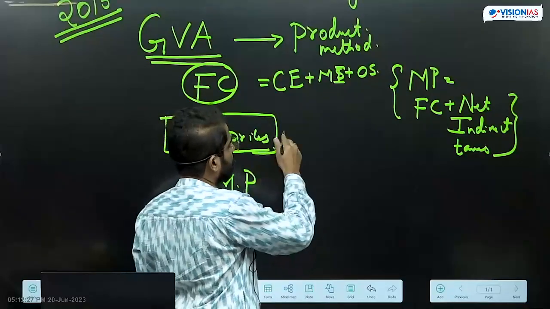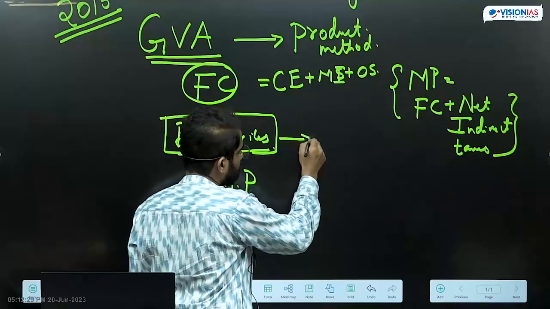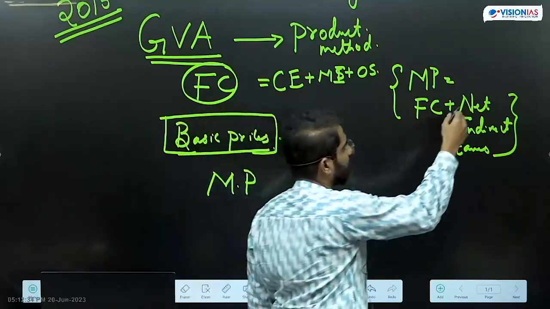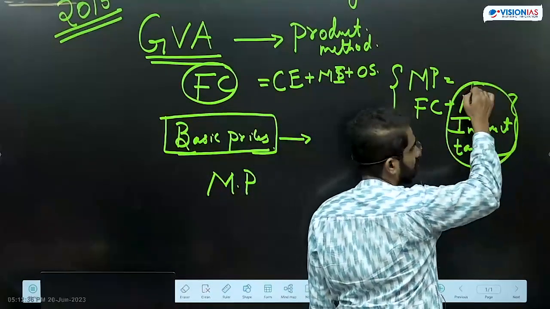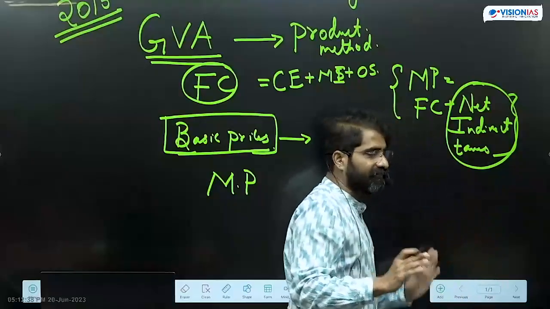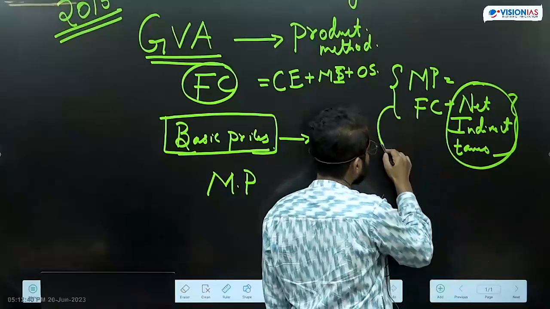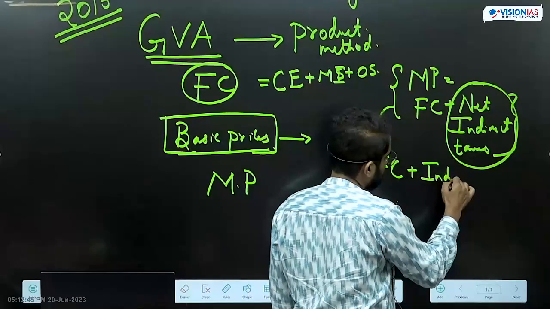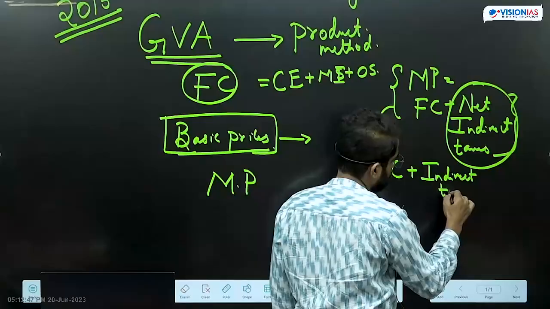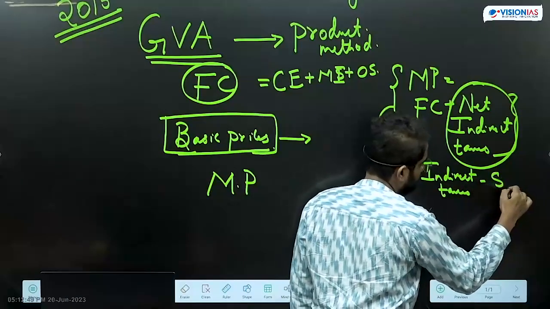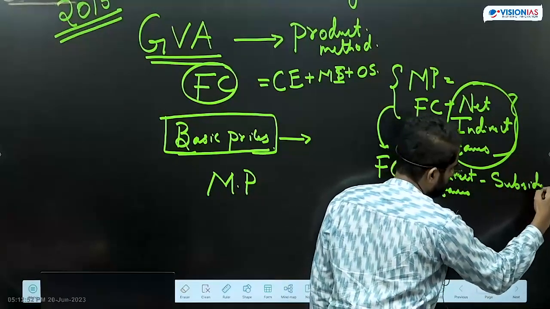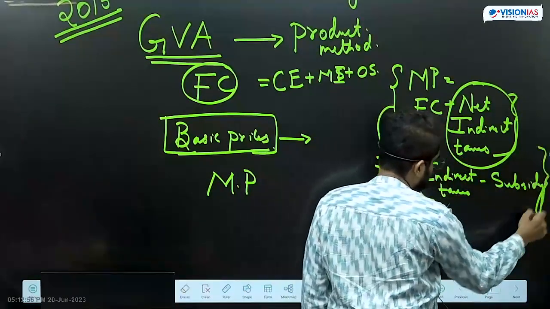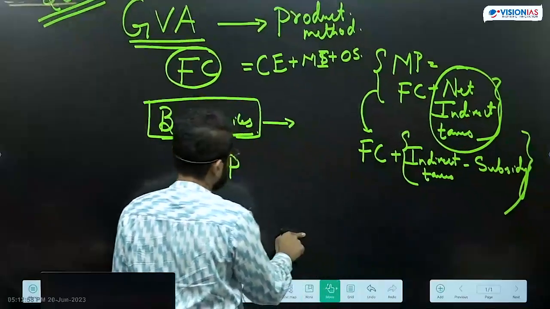Then, in these basic prices, they have split the aspect of indirect taxes and subsidies. What is this splitting? We can write market price as factor cost plus indirect taxes minus subsidy. Now this has been split into two.